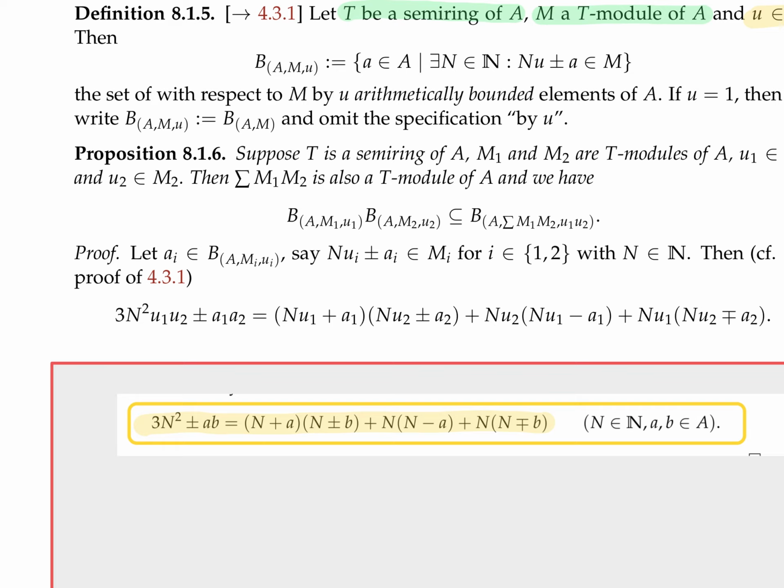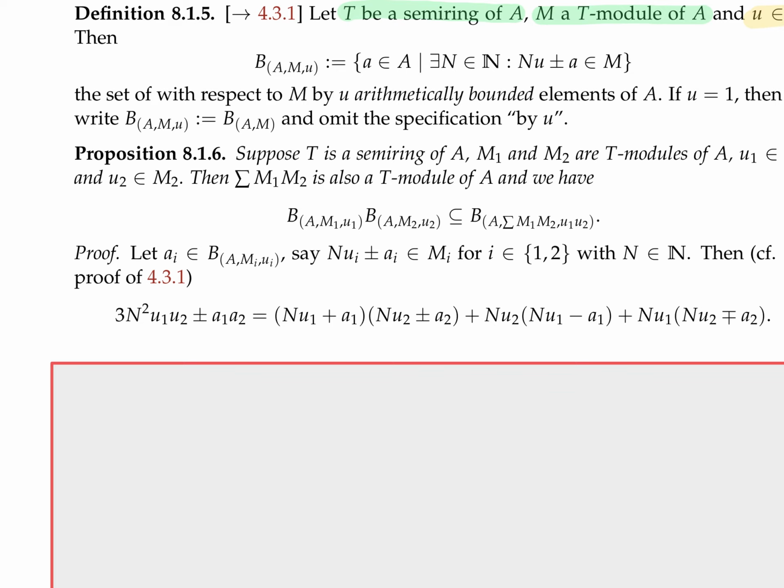Okay, so now let's just check it. So, 3n squared u1 u2, where is it on the right-hand side? So 1 n squared u1 u2 is actually here by combining these two.